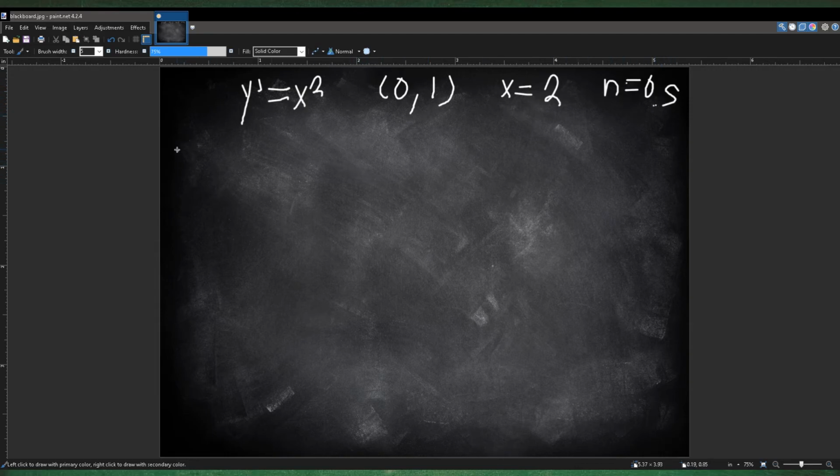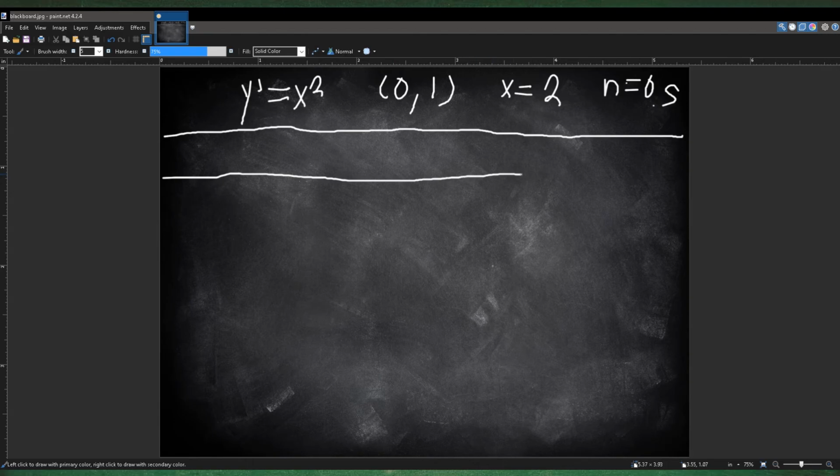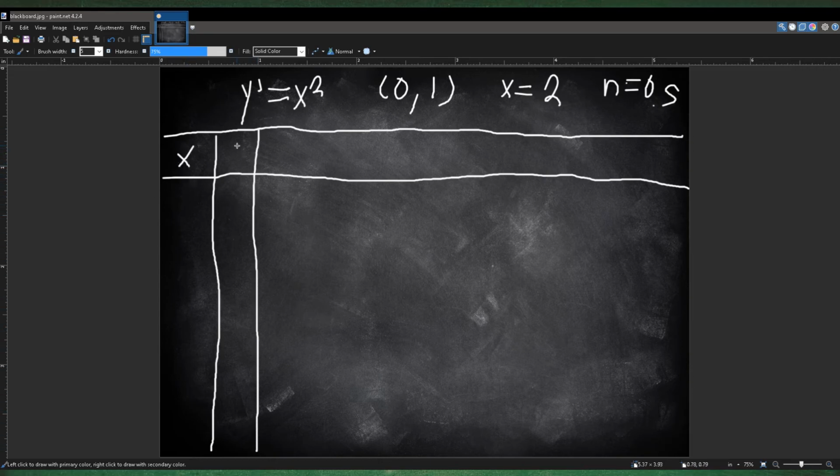And then what you do is you make a table. Then we're going to make another line right here, and then we make these columns. Your first column is going to be your x. Your second column is going to be your y.